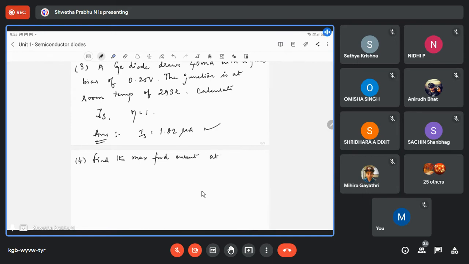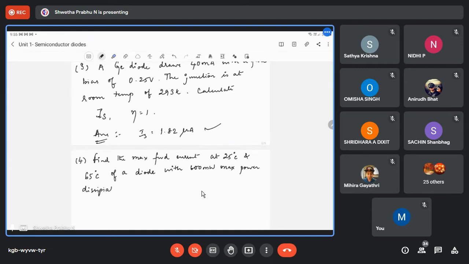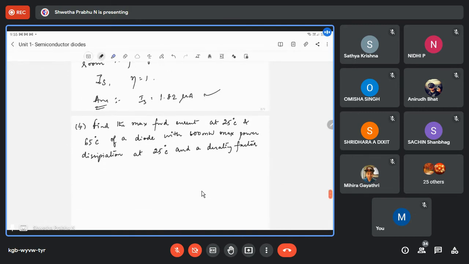Find the maximum forward current at 25 degrees Celsius and 65 degrees Celsius of a diode with 600 milliwatt maximum power dissipation at 25 degrees Celsius and a derating factor of 5 milliwatts per degree centigrade.